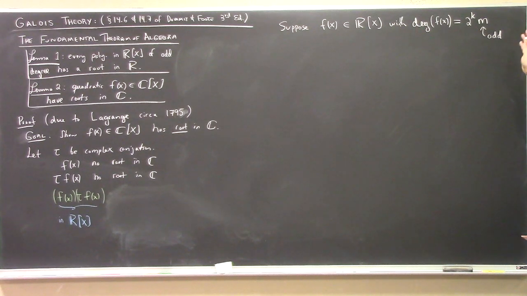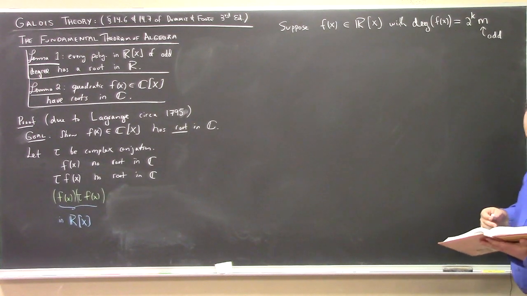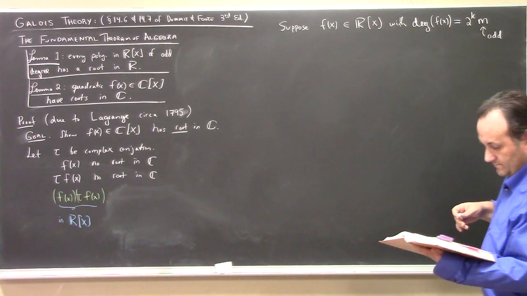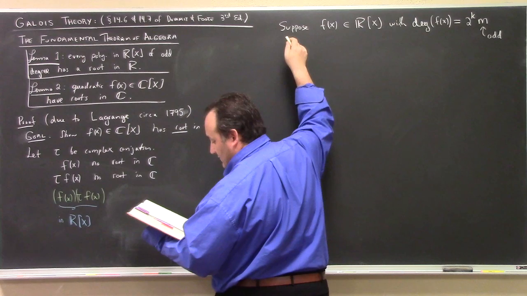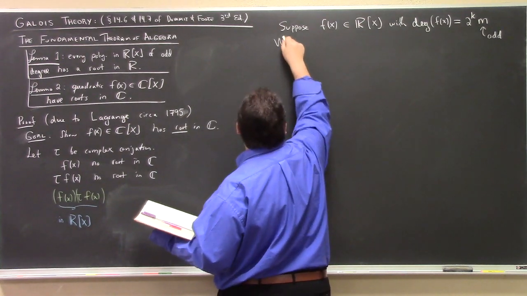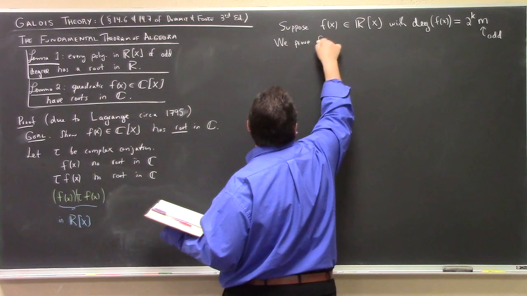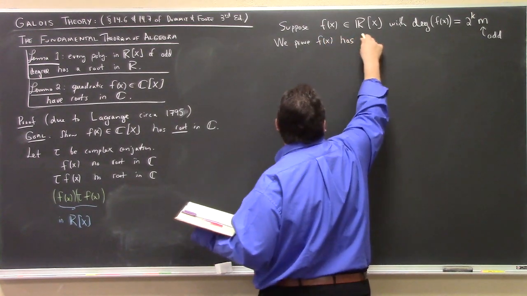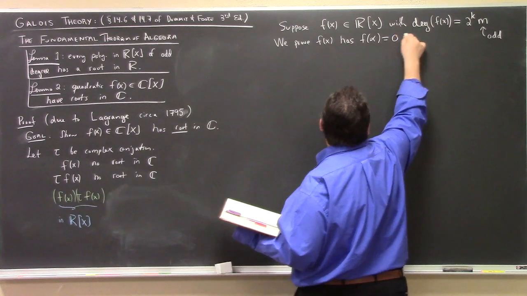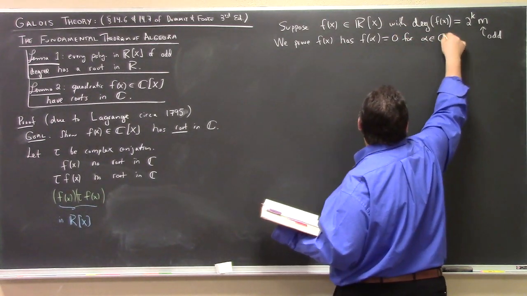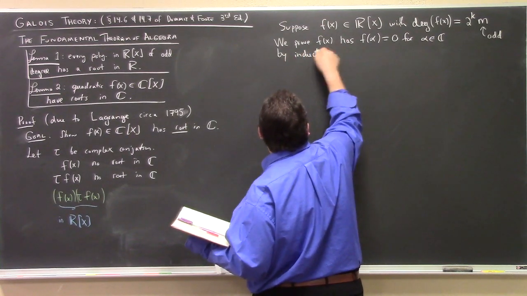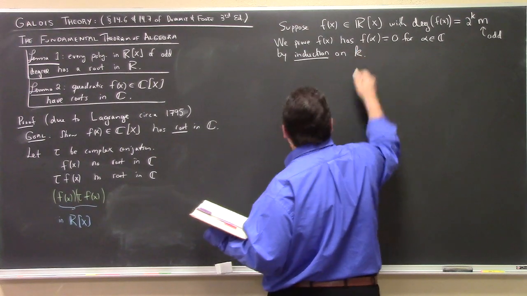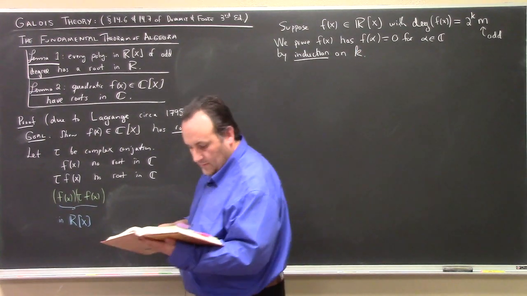Second degree would be m equals 1, k equals 1. You got all your degrees in that formula. Is there a motivation? Why can't you just say anything? Yes, the motivation is this. We prove f of x has a root in C by induction on k. That's why we want to write it that way.